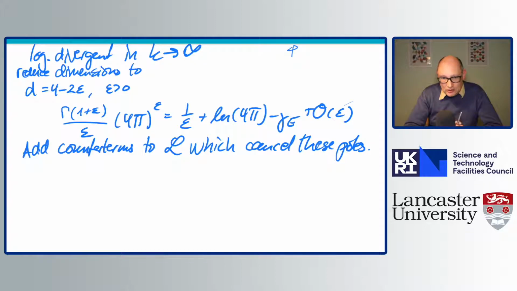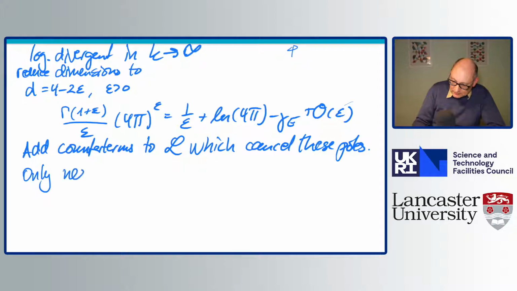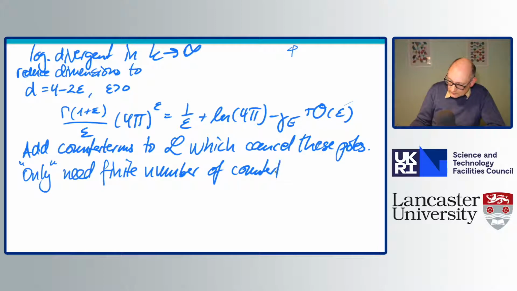Now, what we see in a good theory, like QED and QCD, is that one only needs a finite number of counter terms for all perturbative orders to be well defined.